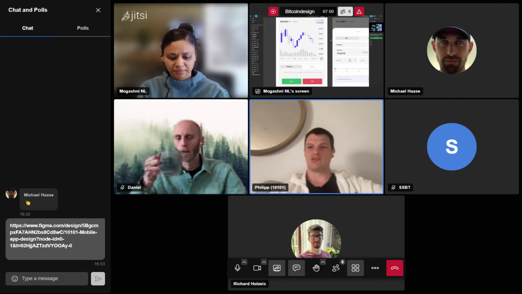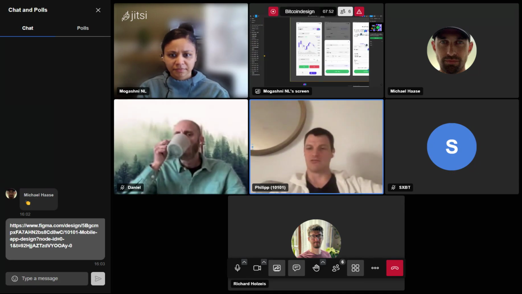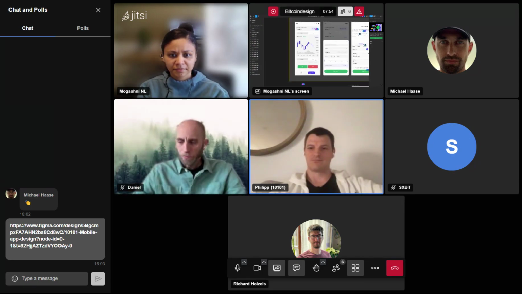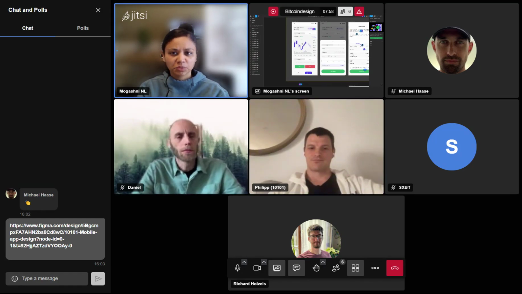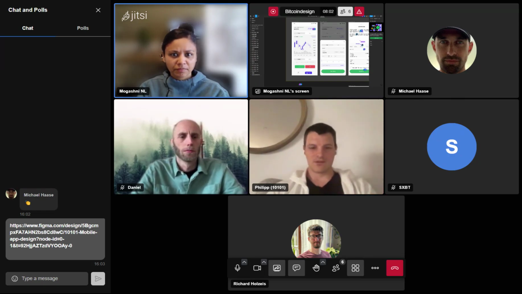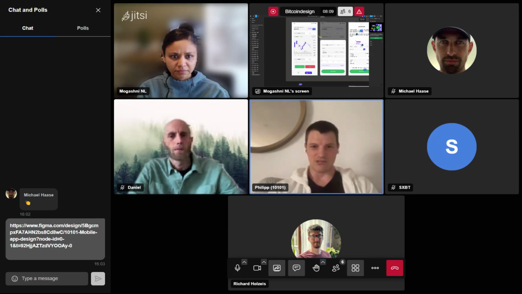So you can use it as such, independently of the trading part. Makes sense. Which would be the screen that they would see before this screen over here? The wallet screen, which is, where's the wallet screen?